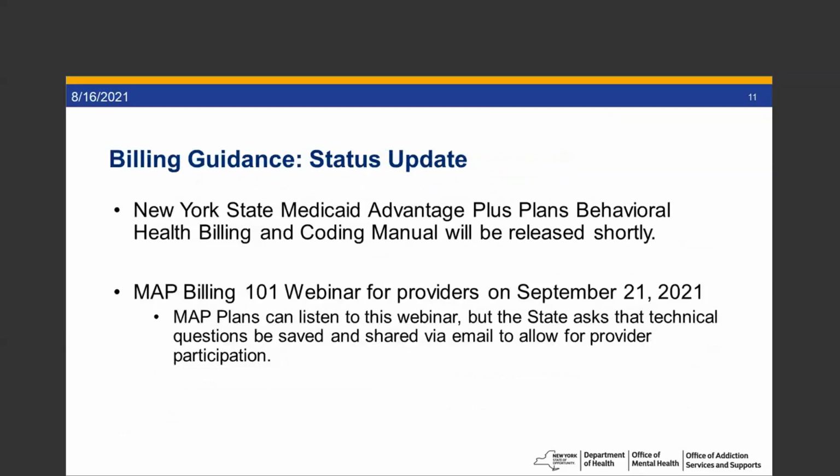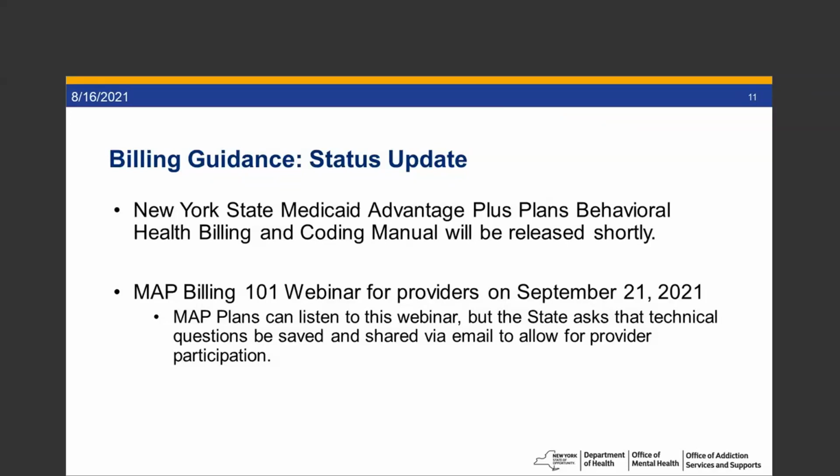Wonderful. So this is just a quick update on the billing end. We are actively working on the billing and coding menu for behavioral health for MAP plans, which will be released very shortly. Following the release of the guidance, we will host a MAP billing 101 webinar for providers on September 21st, 2021.